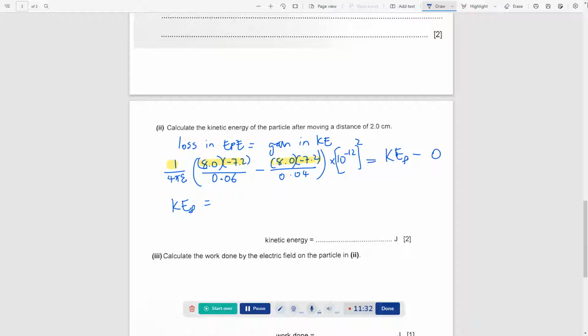Multiply by 8, multiply by negative 7.2, divide by 4 pi epsilon naught, times 10 to the power of minus 24. I will get 4.3161 times 10 to the power of minus 12 joules. So 4.3 times 10 to the power of minus 12 joules.